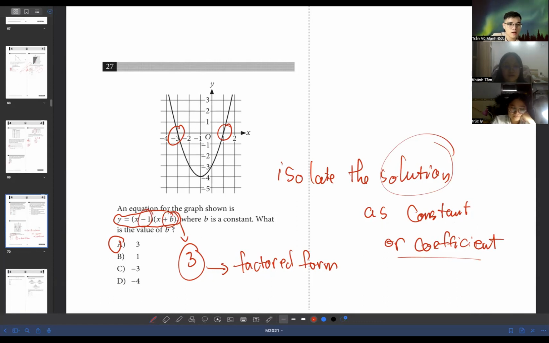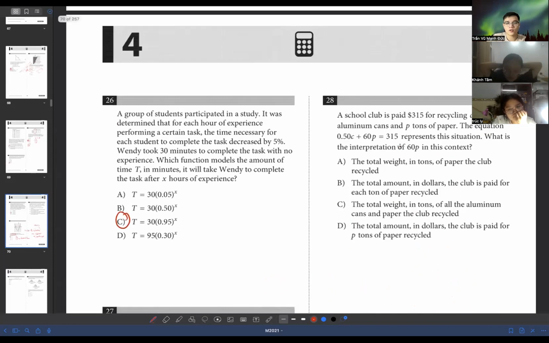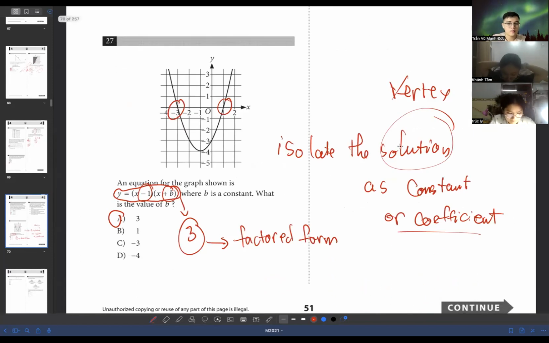You can see that 1 and -3 appear here. And if they ask for the vertex or the max or the min of the graph, it means that they're asking for the vertex form. And if there's no specific requirement, it means they're asking for the standard form of the quadratic equation. So remember these questions, all right? Isolate the blank as a constant or coefficient. The words here are constant or coefficient, and they're asking for it.